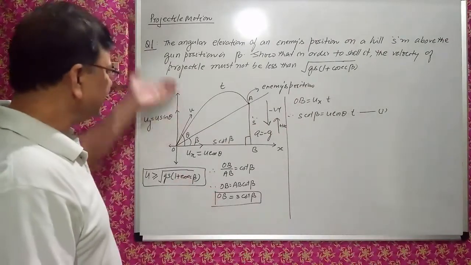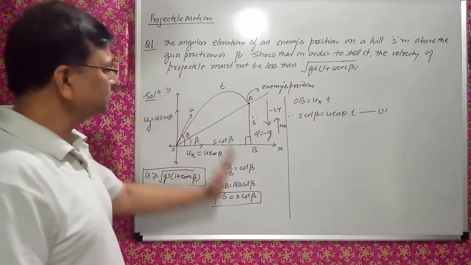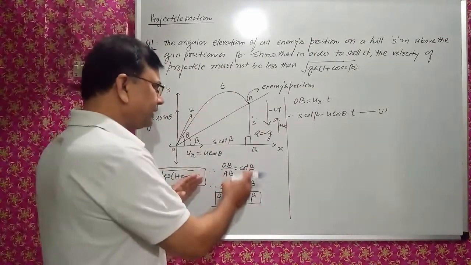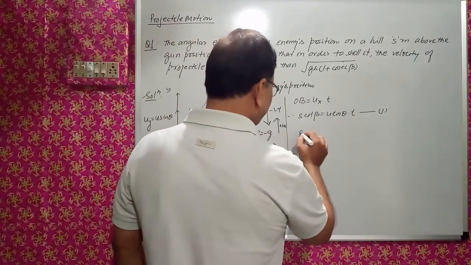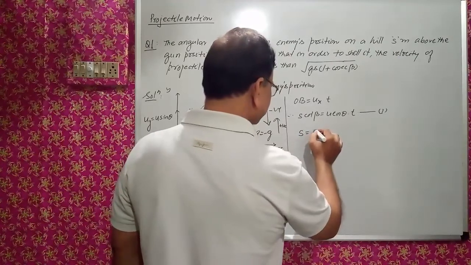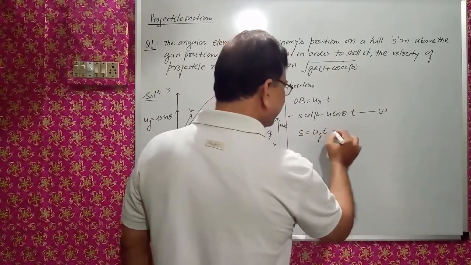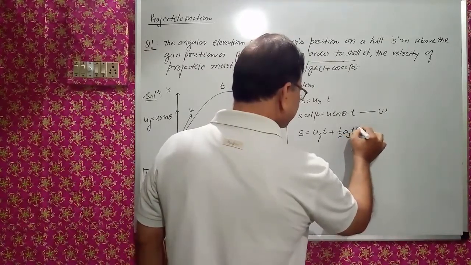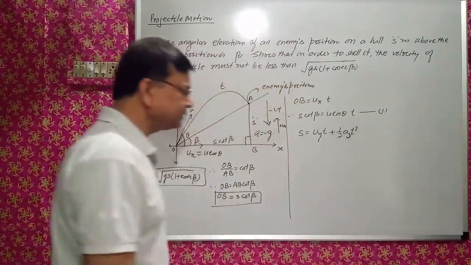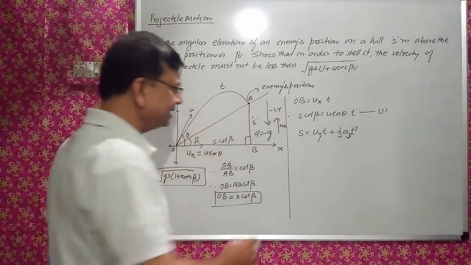I will take another relation, motion towards vertical direction. Vertical direction displacement is S. So S is equal to uy t plus half ay t square. So you put the values. S is already taken.